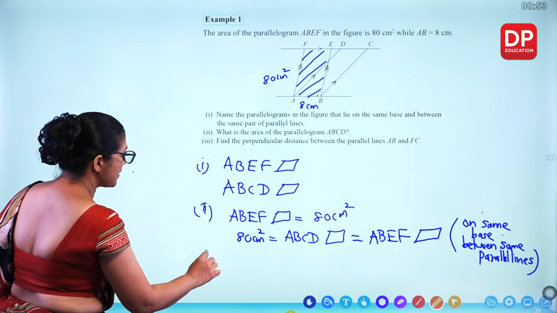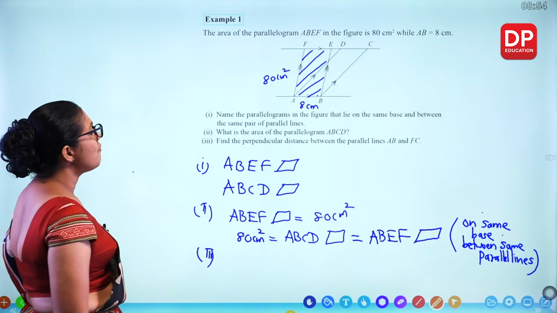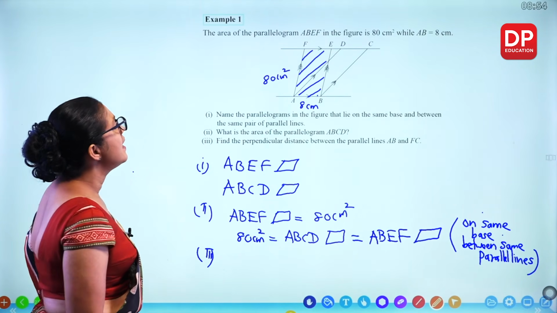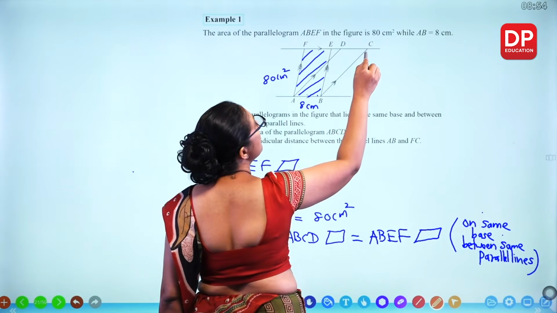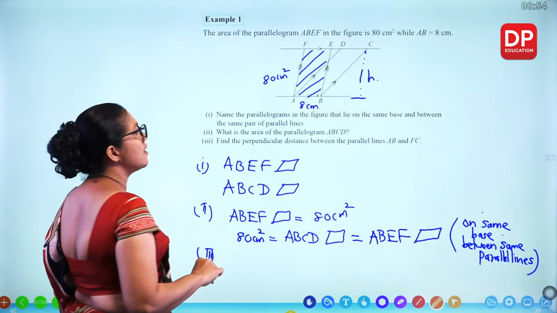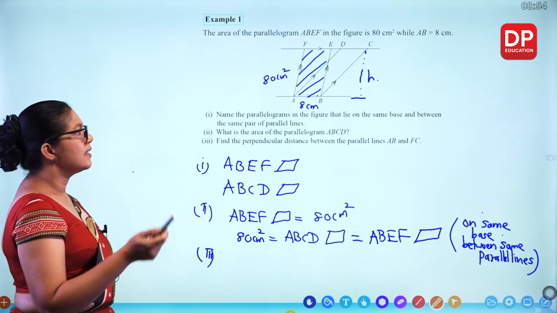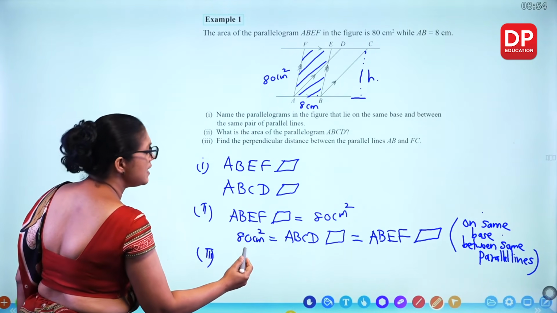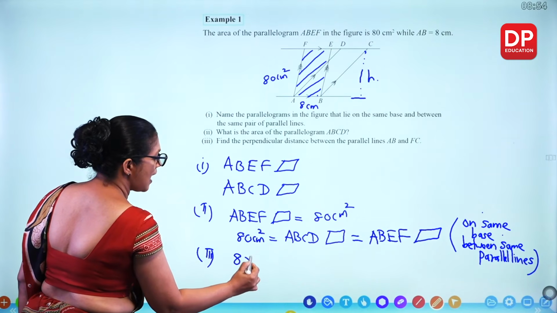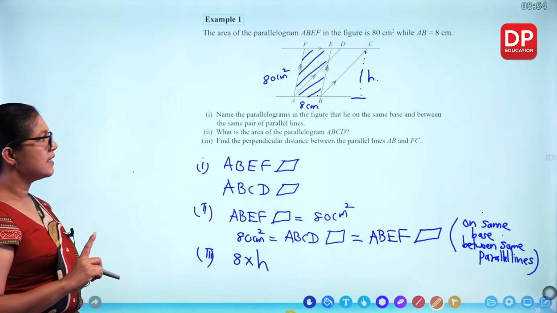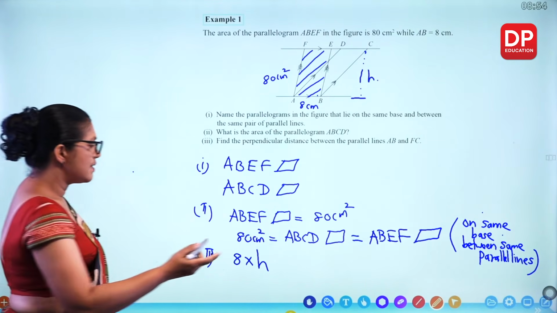Again, what's the third part? Find the perpendicular distance between the parallel lines AB and FC. If the perpendicular line is H, we know that the area of the parallelogram is base times H. Base is 8, so 8 times H is the area.